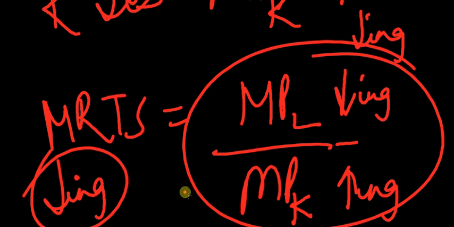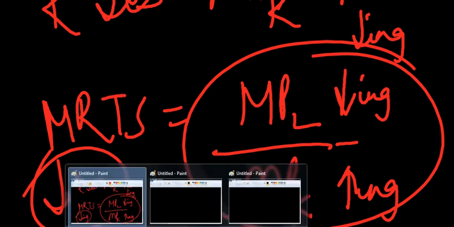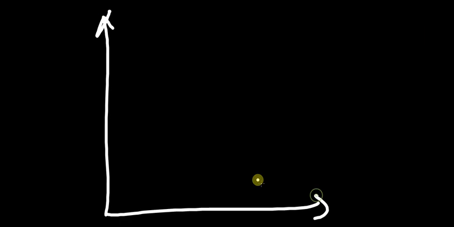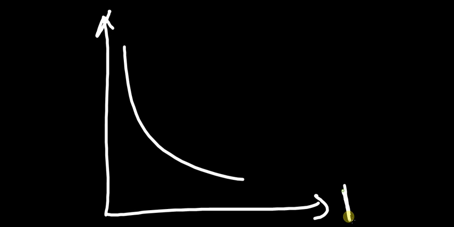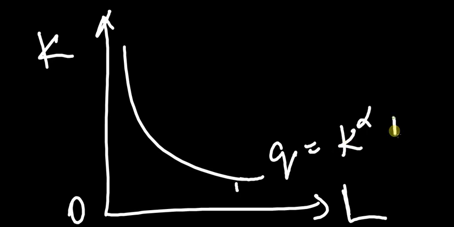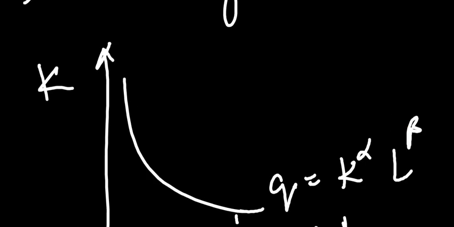Now I want to talk about the different types of isoquants. So the first type of isoquant is the Cobb-Douglas isoquant that we have already seen, or the well-defined function, which is this. And the function is of the form K to the power alpha L to the power beta. Let's find its MRTS.